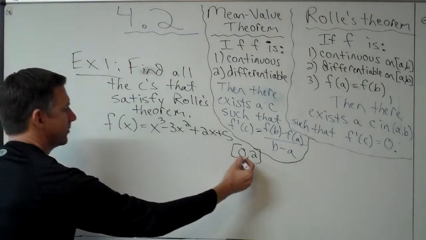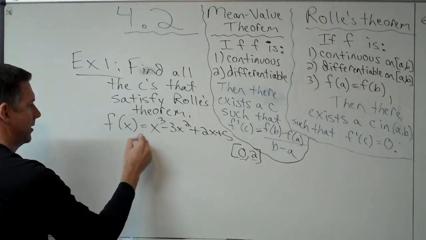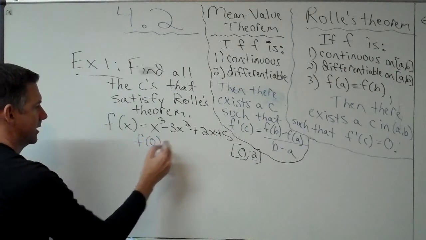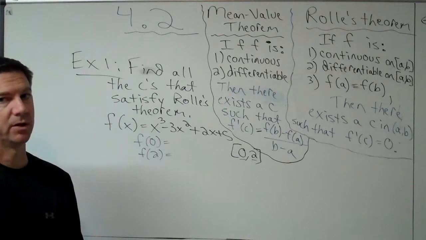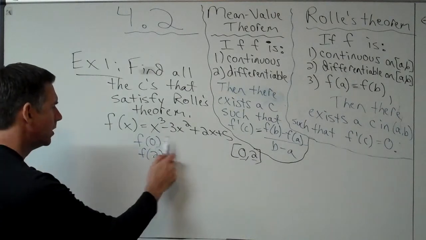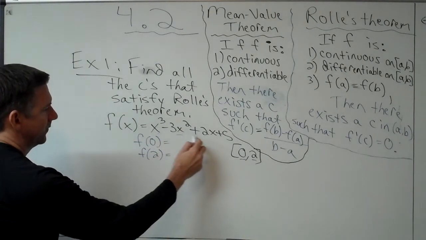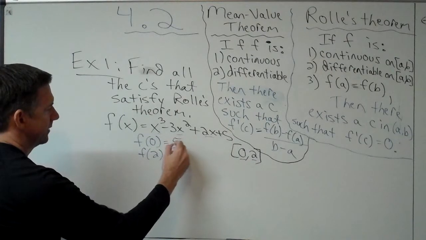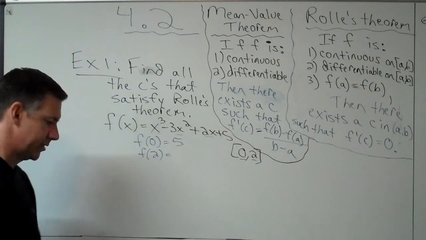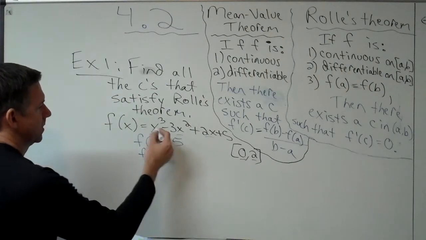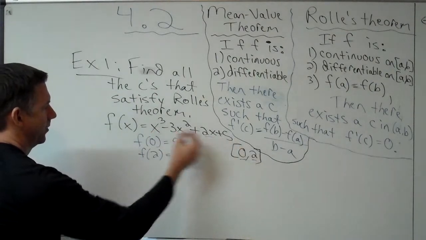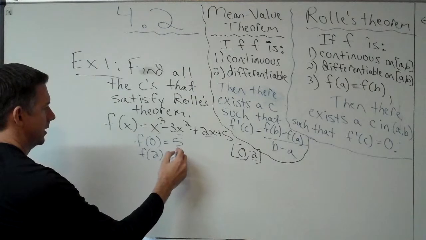Are the endpoints the same? So when I plug in f of 0, does it equal the exact same value as when I plug in f of 2? Not sure, we'll have to check that out. So f of 0, you can tell if you put 0 in these spots that you get 5. I'm sure you can figure out if you plugged in a 2 there. I don't want to do all the work, but maybe I do.